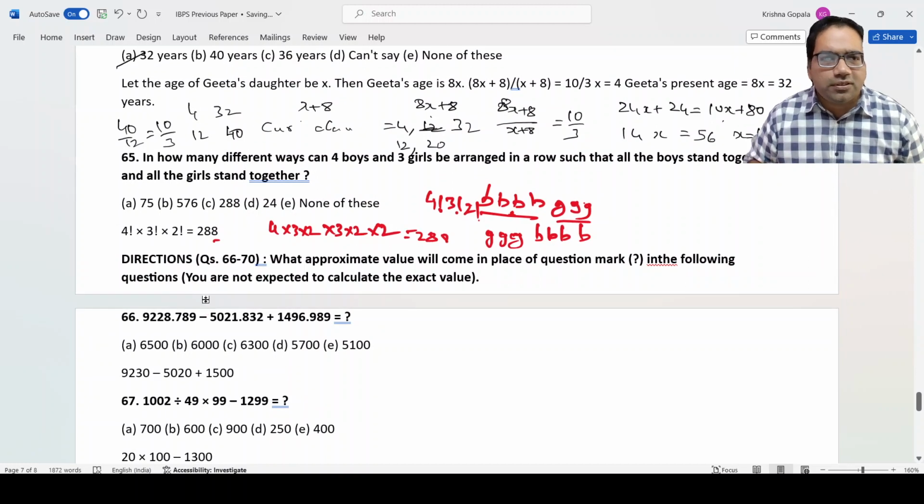We should be able to do all these calculations very quickly. 4 factorial is 4 into 3 into 2. 4 3 is 12, into 2, 24. Into 3, 72. Into 2, 144. Into 2, 288. 288 is the correct answer.